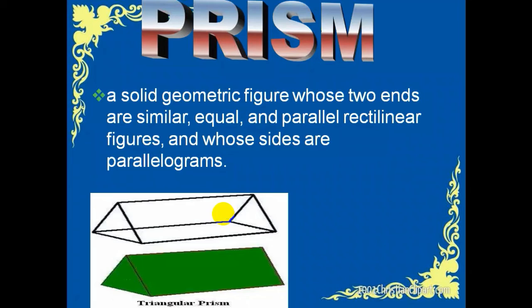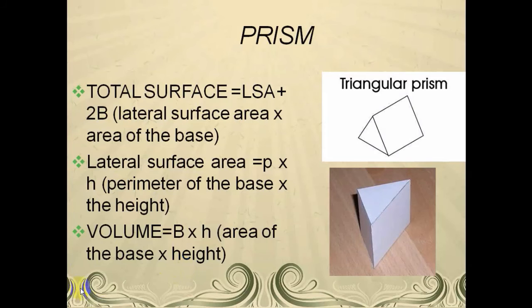Now, prism. A solid geometrical figure whose two ends are similar, equal, and parallel rectilinear figures, and whose sides are parallelograms. You see over here, this is a prism, a triangular prism. How to find the total surface area for prisms? Total surface area is equal to lateral surface area plus 2B. 2B means two times the area of the base.